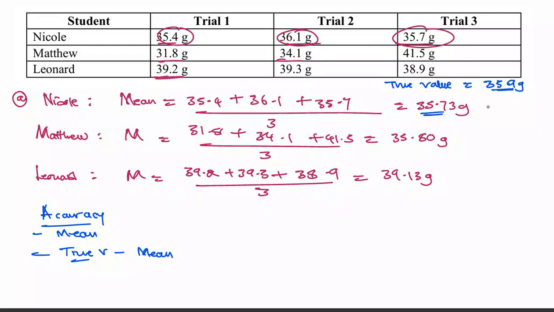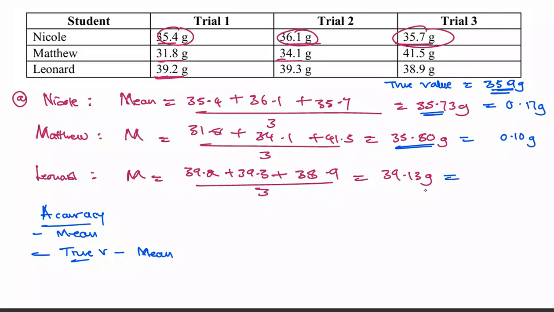So we get 0.17 grams. Then we come to Matthew. Even for Matthew we do the same: 35.9 minus 35.8. So we are getting the value of 0.10 grams.